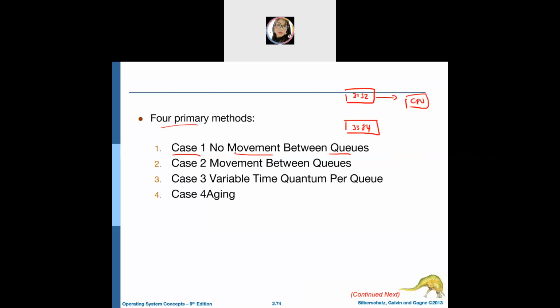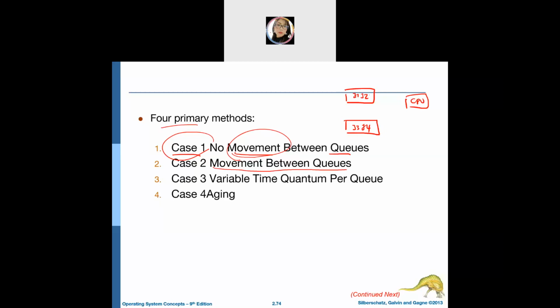In between these queues there is no movement. So you finish this first, pass to the CPU, J2 first, and then J1. After that, J4 and then J3. That is when you have no movement between the queues. But you have other methods when you have movement between queues.